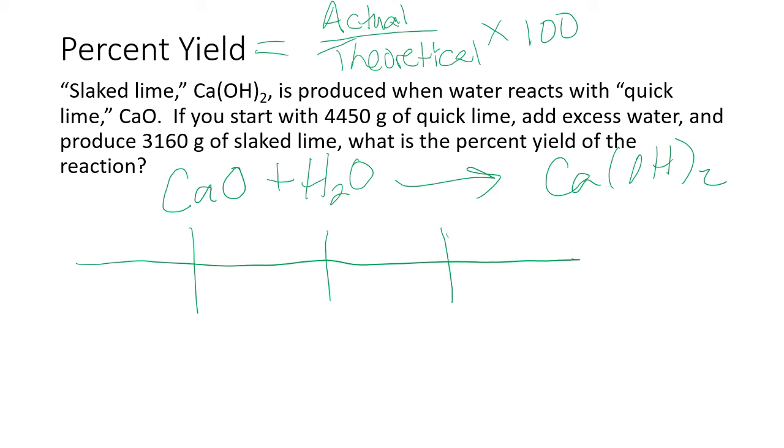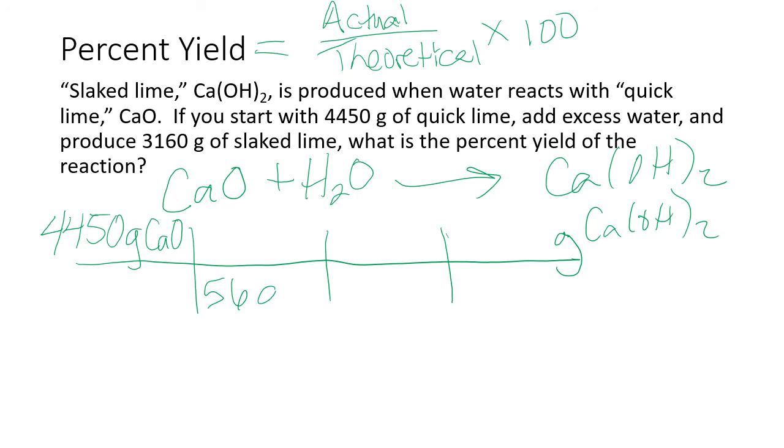So I'm going to take my 4,450 grams of my quicklime, so my calcium oxide, and I'm going to go to grams of my calcium hydroxide. Calcium is 40 plus oxygen is 16, so that's a 56. Okay. Here's my ratio.